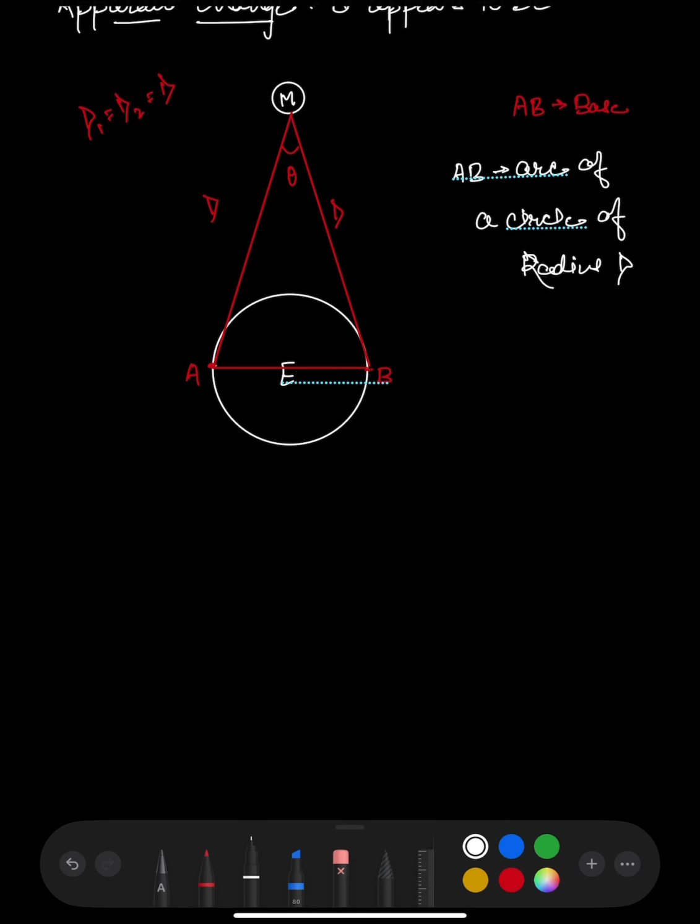So here I can write AB is equal to D into theta. AB is the base. So I can write D is equal to AB upon theta. Sometimes the base is also written as b, so D is equal to b upon theta, where b is the base.